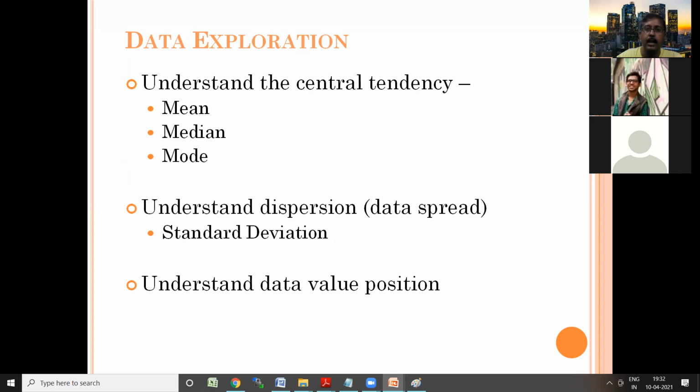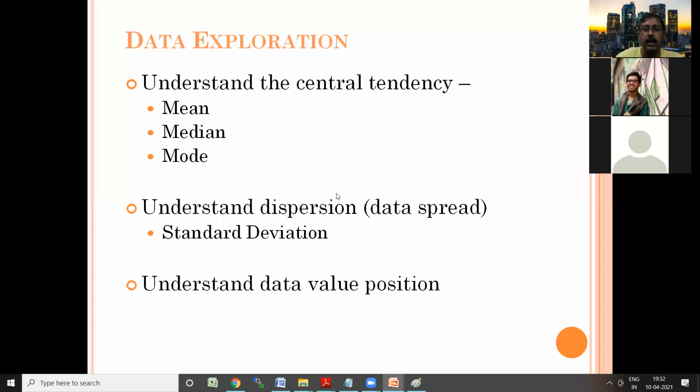Okay, and in this particular session, I'm going to cover three basic things which are derived from statistics. The first thing is called the measure of central tendency. Okay, central tendency, and the indicators that we generally use are mean, median, and mode.